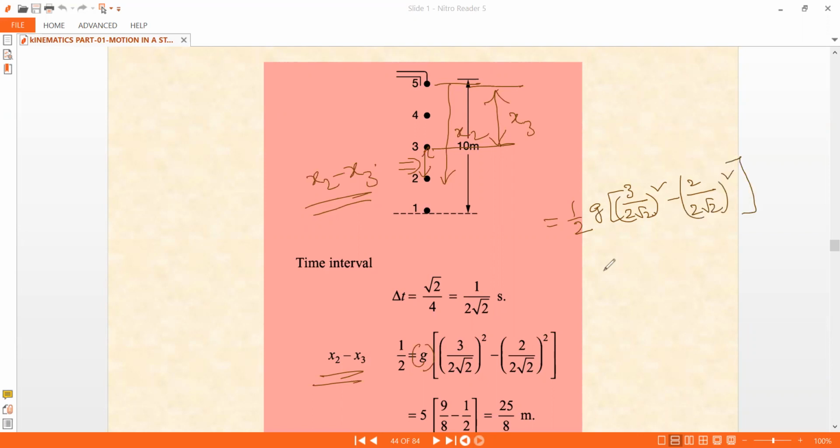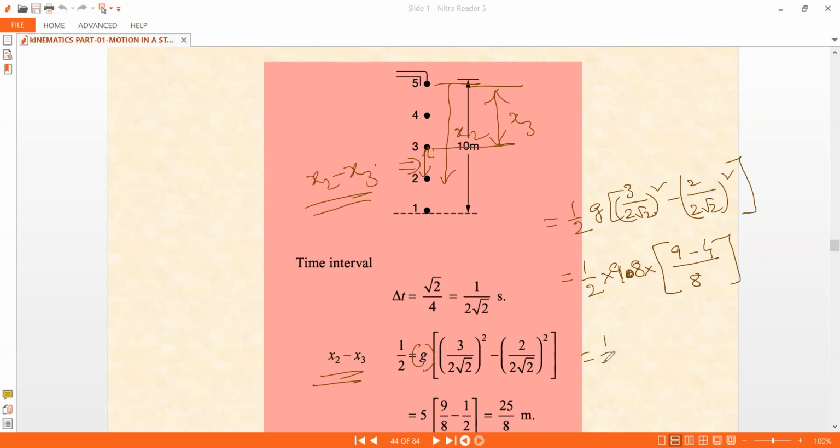2√2 whole squared is 8. Half g is 10, but let us take g as 9.8 for a better calculation. So 9 minus 4 divided by 8.